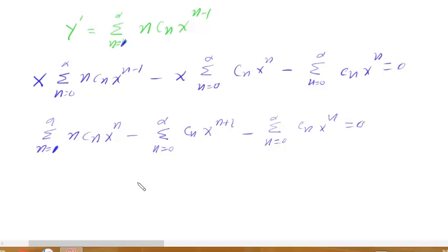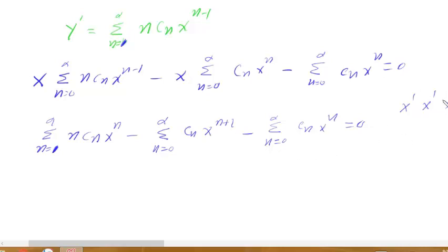Then we first observe the power of x and the limit values. Here the limit is 1, here this is also 1, and this is 0.